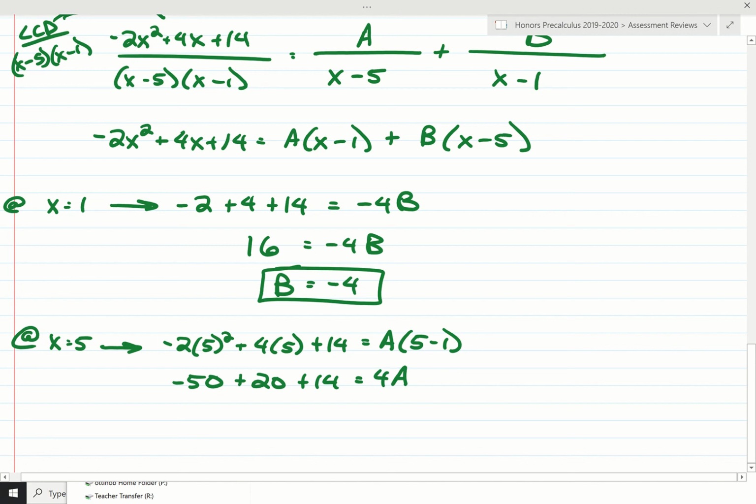And see what this is. Negative 50 plus 20 plus 14 is negative 16. So we would get that a is equal to negative 4.